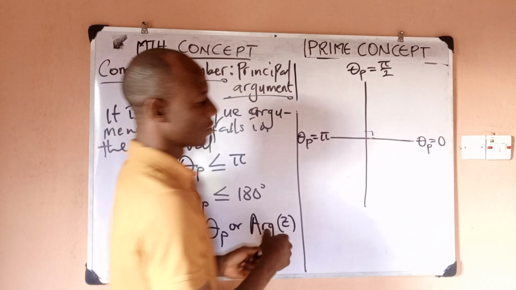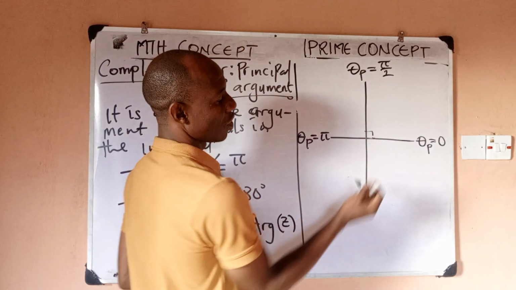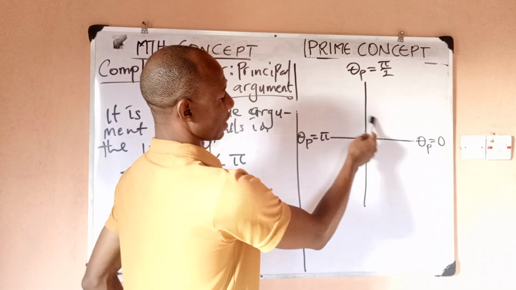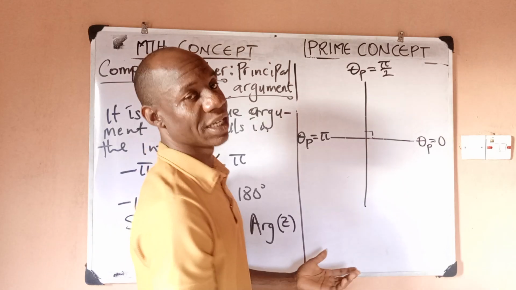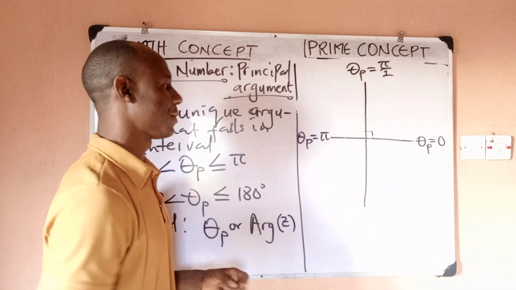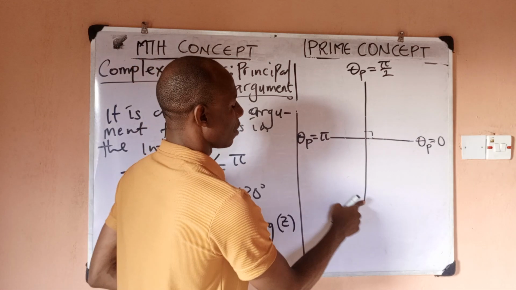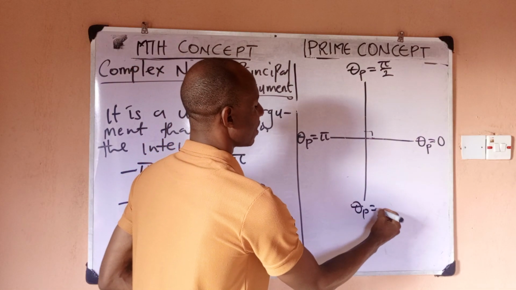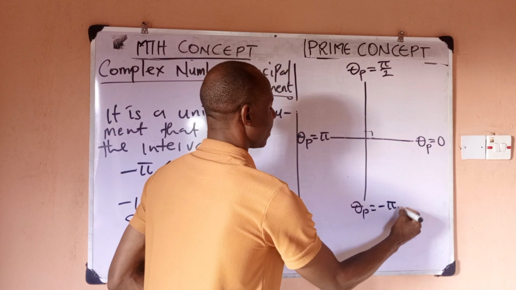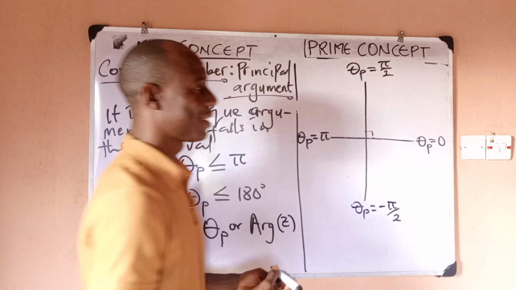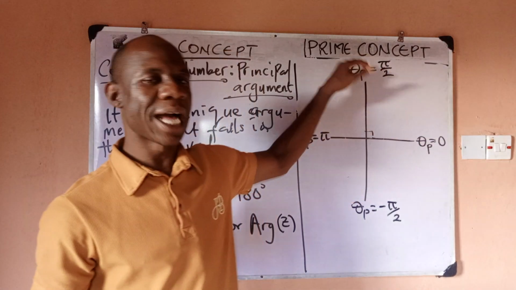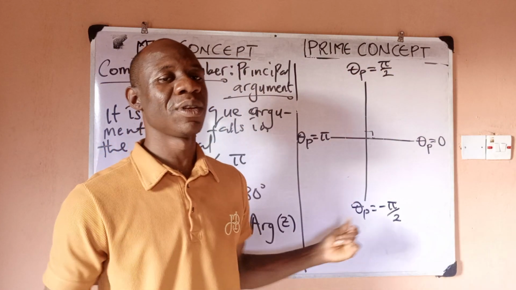The reason is because you always measure angle from the positive x-axis. So when you measure this up to this point, it is actually a straight line, which is 180. Anytime your complex number lies along the negative y, the principal argument is going to be minus pi over 2, that is minus 90 degrees. So these are principal arguments along the axis. You don't necessarily need to calculate this.